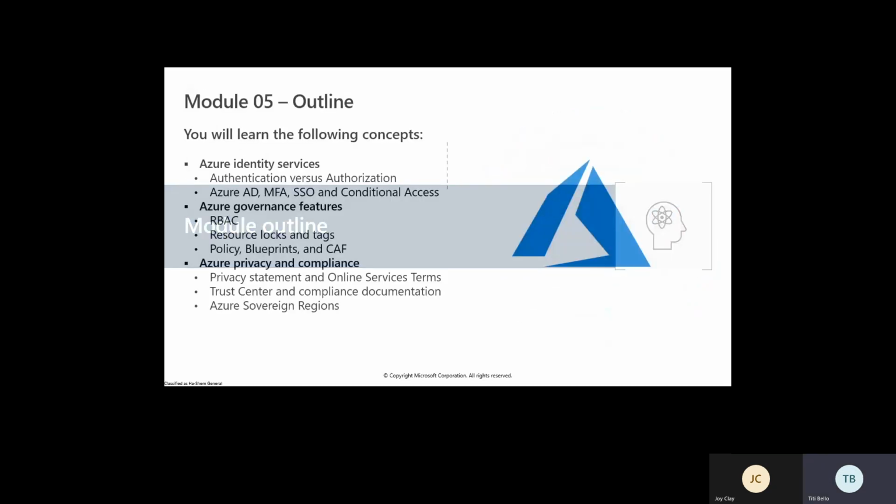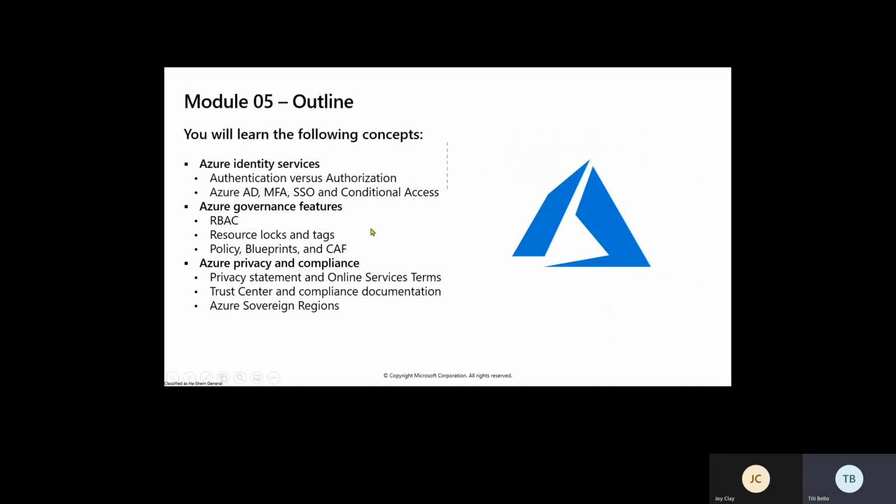So what we'll be covering in this module, we'll talk about Azure Identity Services. On a high level, or basically for the purpose of this course, we'll understand authentication against authorization. And then we'll discuss the various identity services that are available in Azure, like Azure AD, multi-factor authentication, MFA for short.